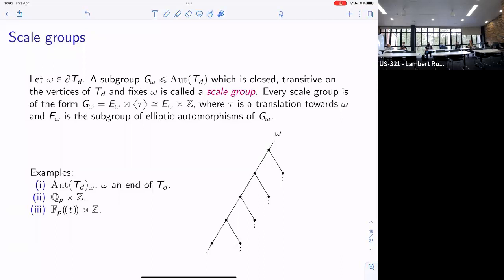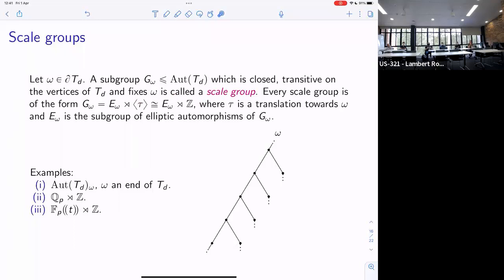By a star group, I mean a group of automorphisms of a regular tree that's closed in the topology on this automorphism group, acts transitively on the vertices of our d-regular tree, and fixes some fixed end omega of our tree.